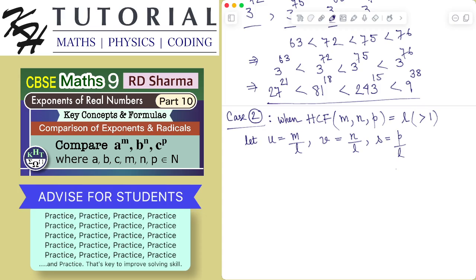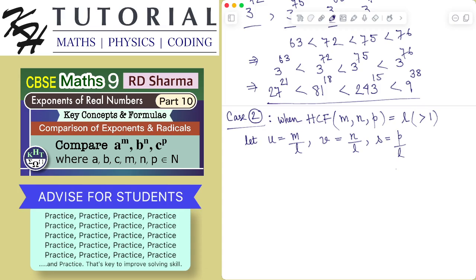So the strategy we will use is that if we find that the GCD, or the highest common factor, of all the powers of the given exponential terms is greater than 1, then we will find the HCF of all the powers.